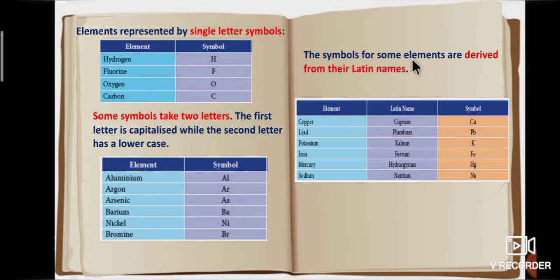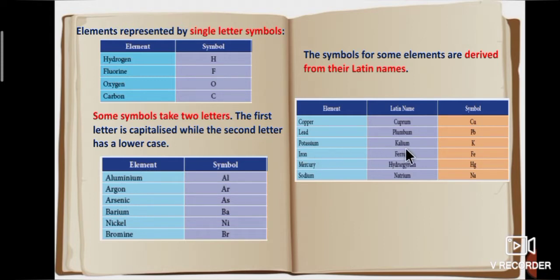The symbols for some elements are derived from their Latin names. Example, copper's Latin name is cuprum, symbol is capital C and small u. Lead's Latin name is plumbum, represented by capital P and small b.